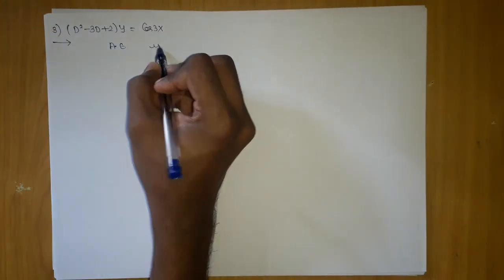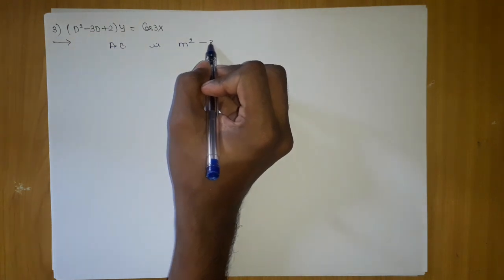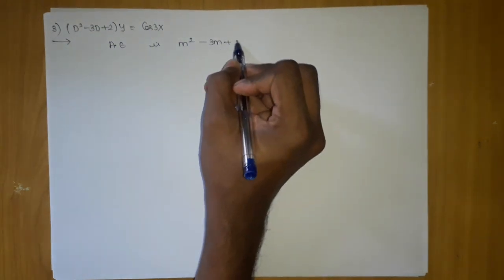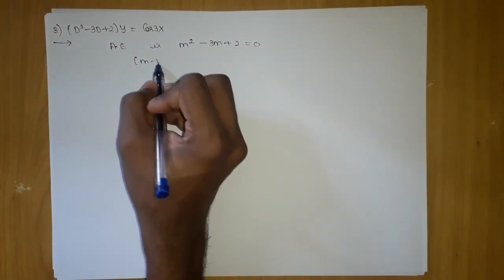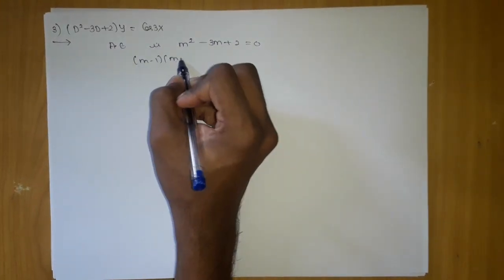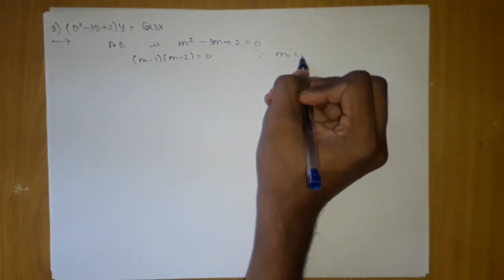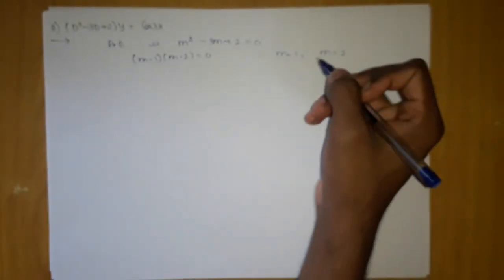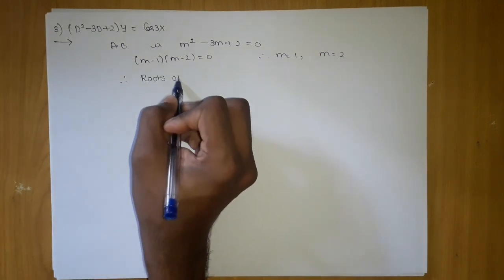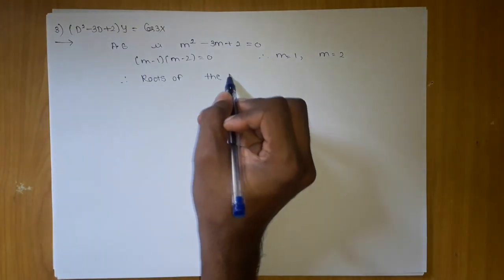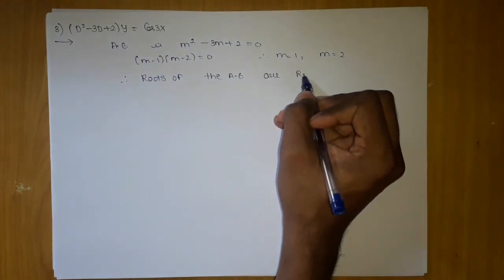The auxiliary equation is: replace D in f(D) by m, so m^2 - 3m + 2 = 0. Try to solve it. You will get (m - 1)(m - 2) = 0. Therefore m = 1 and m = 2 will be the roots of the auxiliary equation, which are real and distinct.